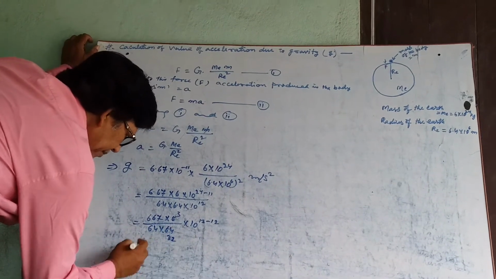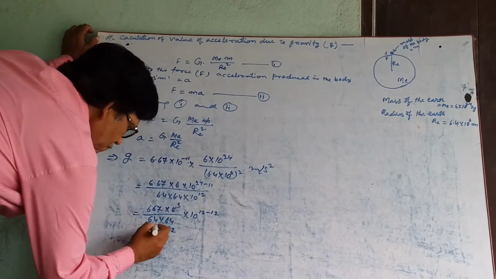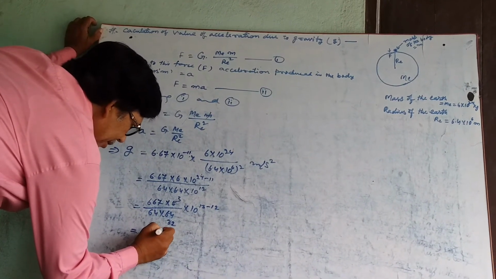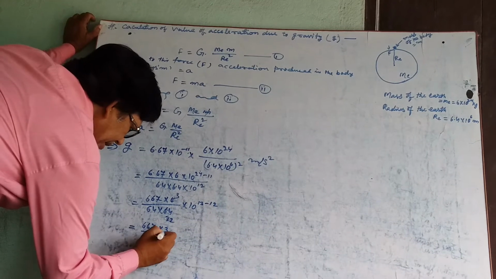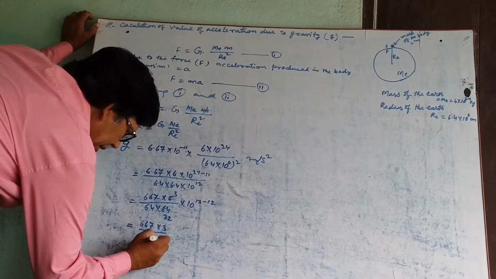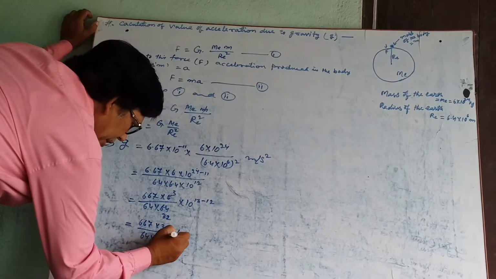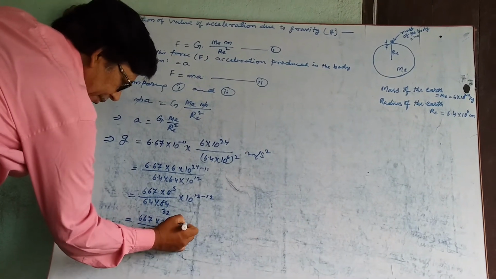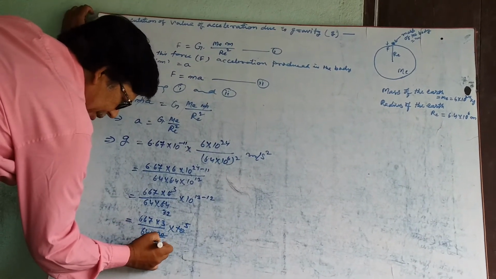Then 667 into 3 by 64 into 32 into 10. Cut this.